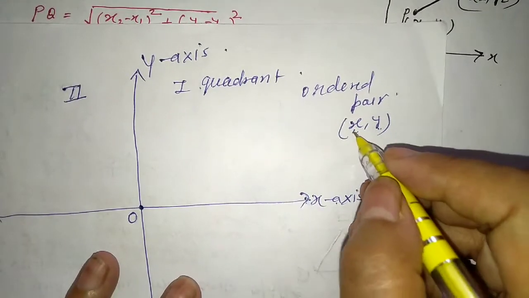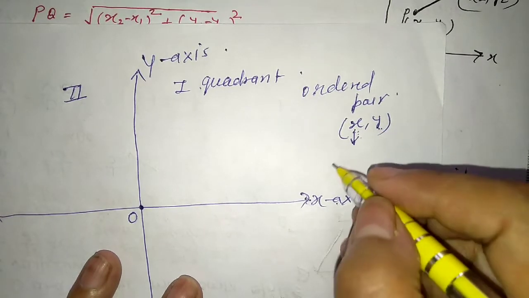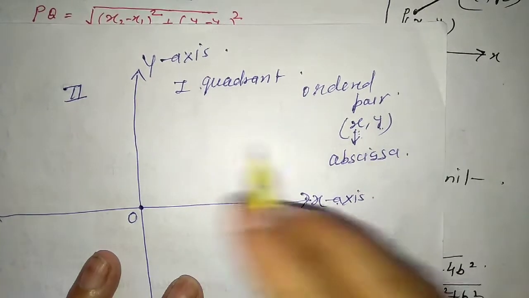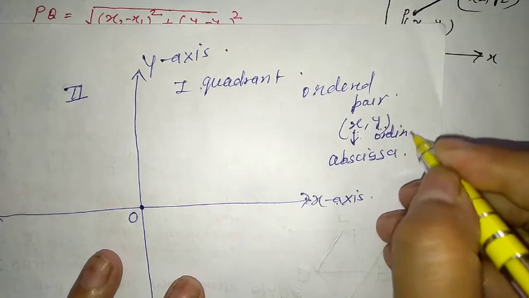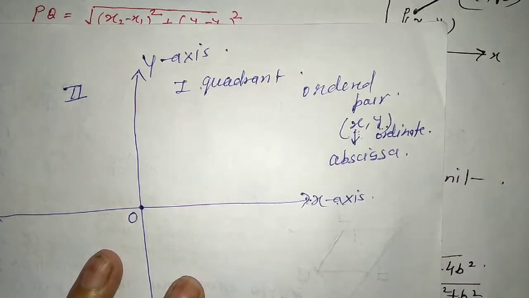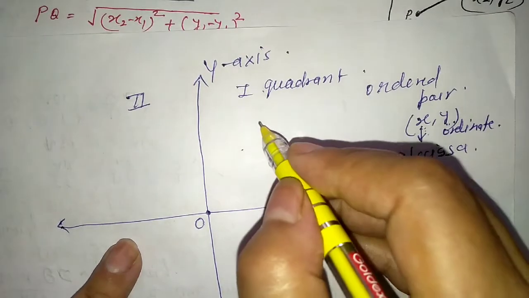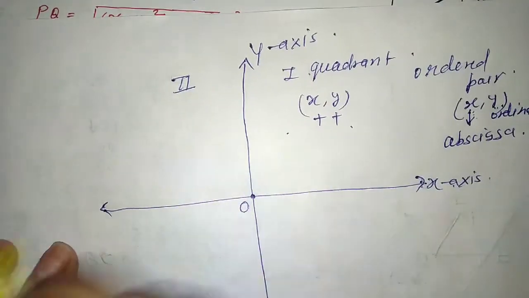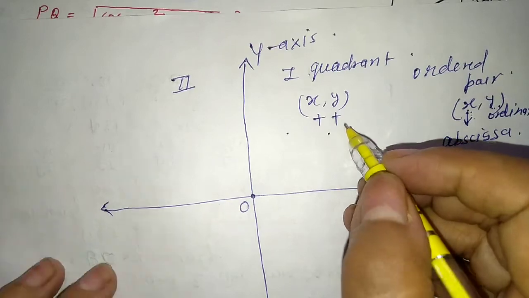The value of x is known as the x coordinate, or we call that abscissa. And the y coordinate is known as ordinate. You know that in the first quadrant both the values of x and y will be positive, meaning x is greater than 0 and y is greater than 0.